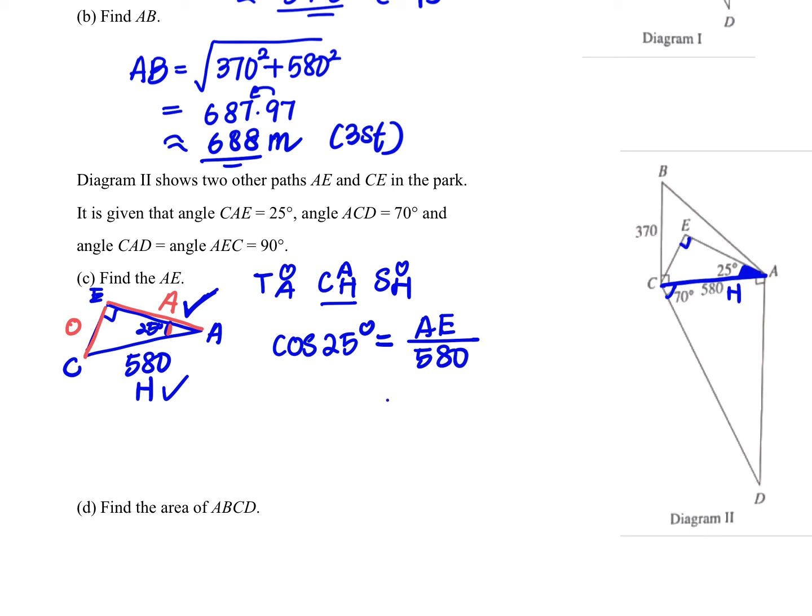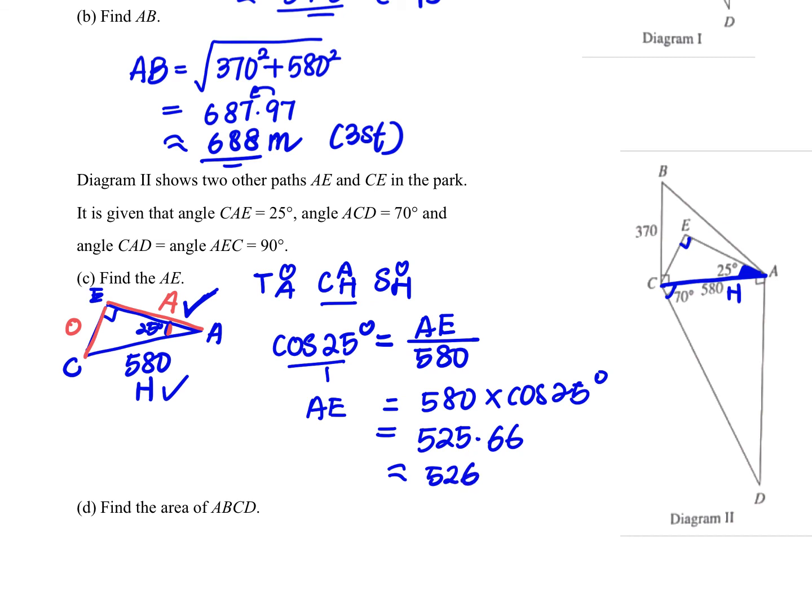So now we are going to find the length, so we do cross multiplication, no inverse. I will get AE to be equals to 580 times cosine 25 degrees. Okay, then I get my answer 525.65 or 66, rounded off 526 meters, 3 SF.